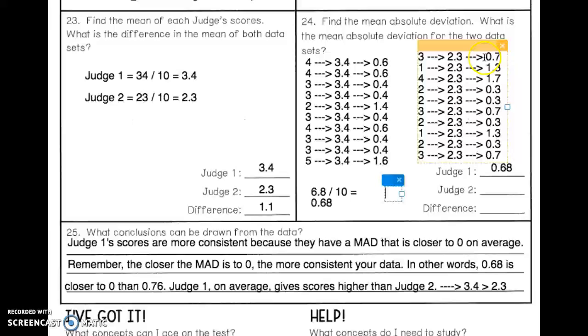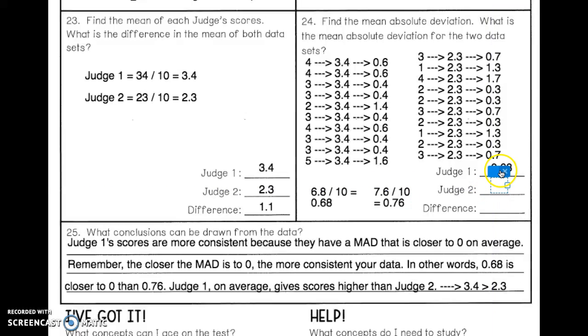And then you're going to do the same thing for Judge 2. So you'll add up all the numbers in the far right column. And when you do that, you'll get 7.6 divided by 10, which equals 0.76.